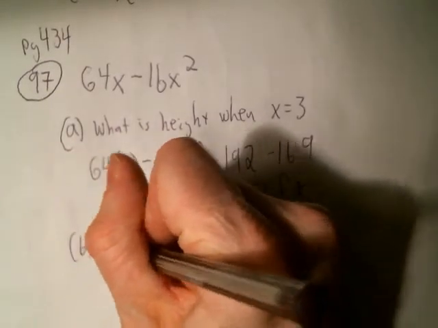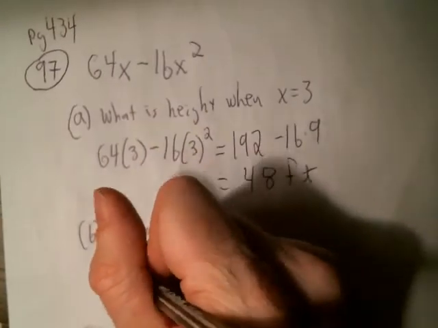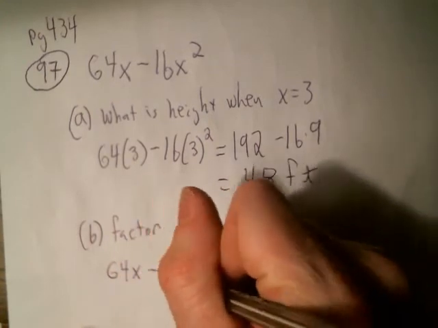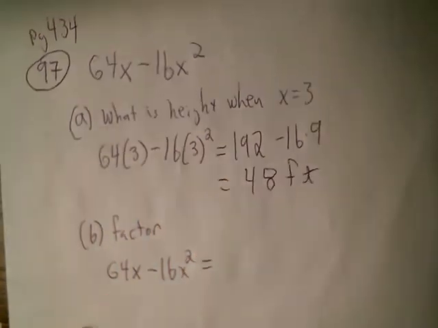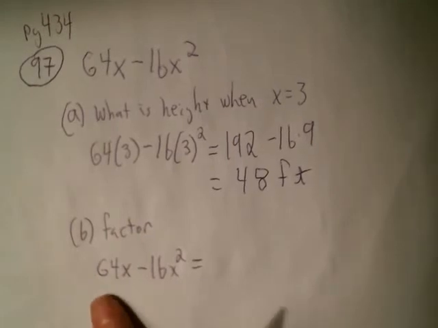Factor, and that's just basically what we've been doing. Looking at 64x minus 16x squared, both terms are divisible by 8, but you can actually do better than that here.